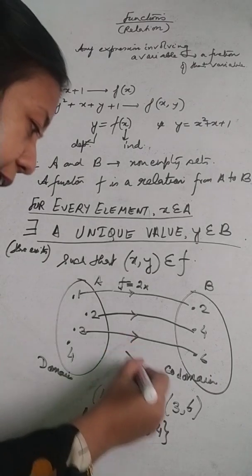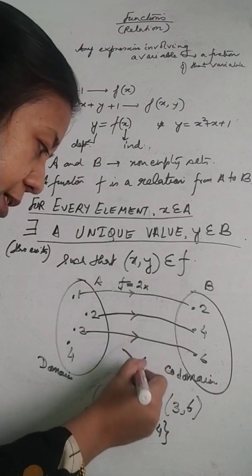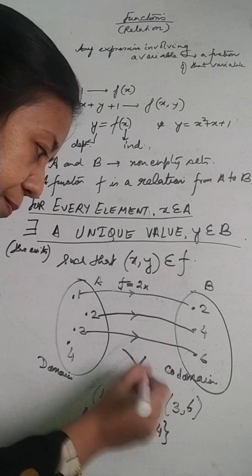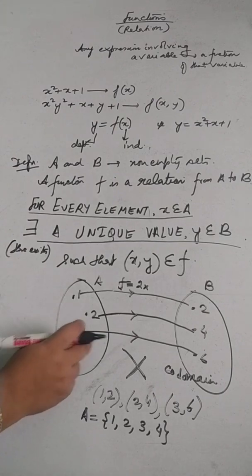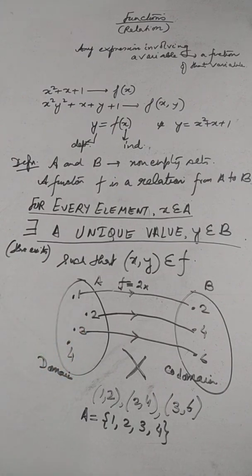Therefore, this is not to be considered a function. That is why I put a cross. Why? Because there is one element left over in the first set.